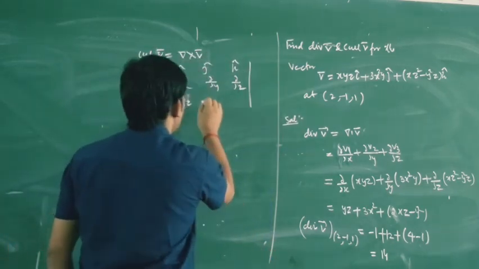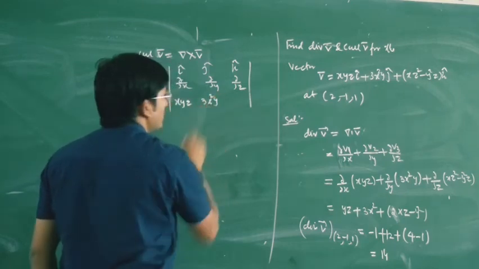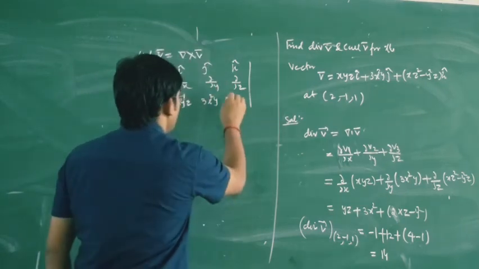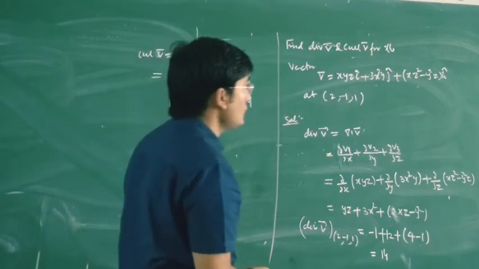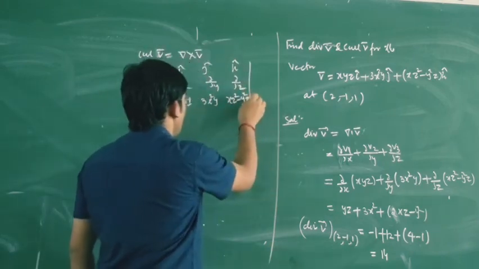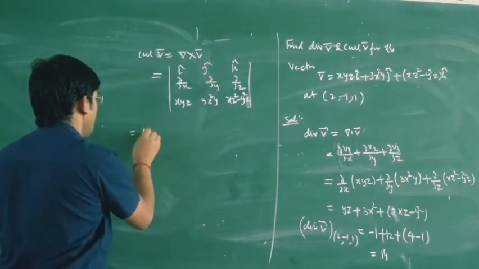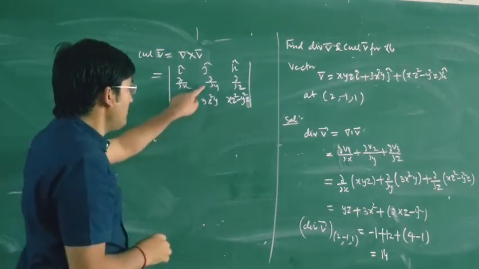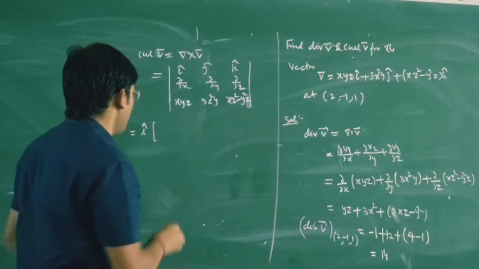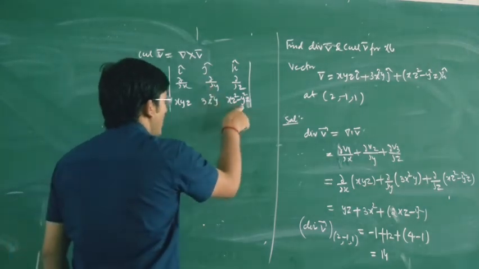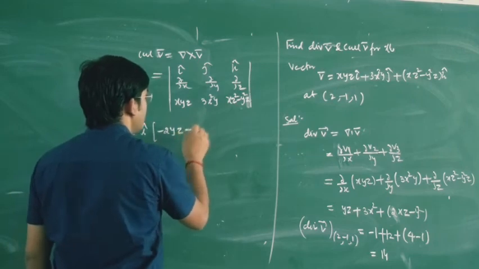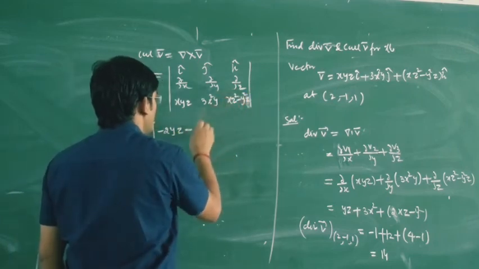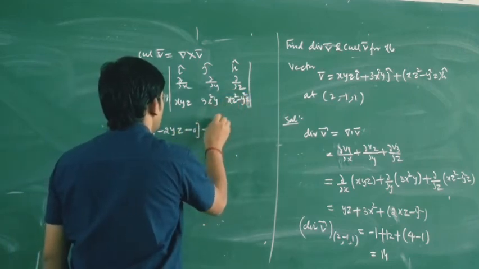Then we have the component 3x square y, and the third component is xz square minus y square z. So this is equal to i times del by del y of this bracket, and partial differentiation with respect to y will give you minus 2yz, then we will have a minus sign, differentiation with respect to z will be 0.